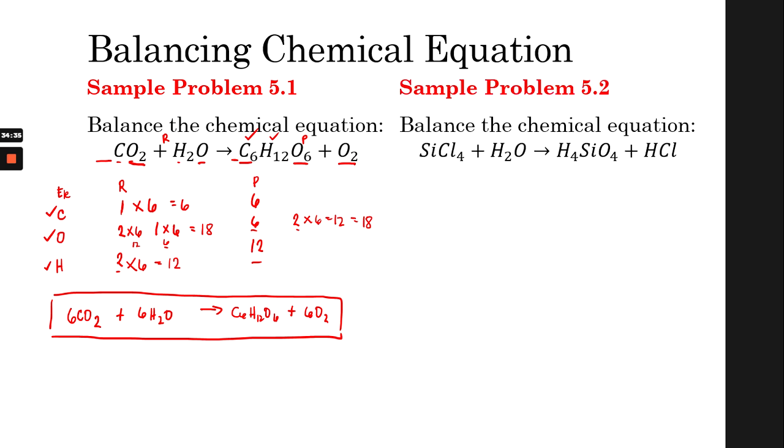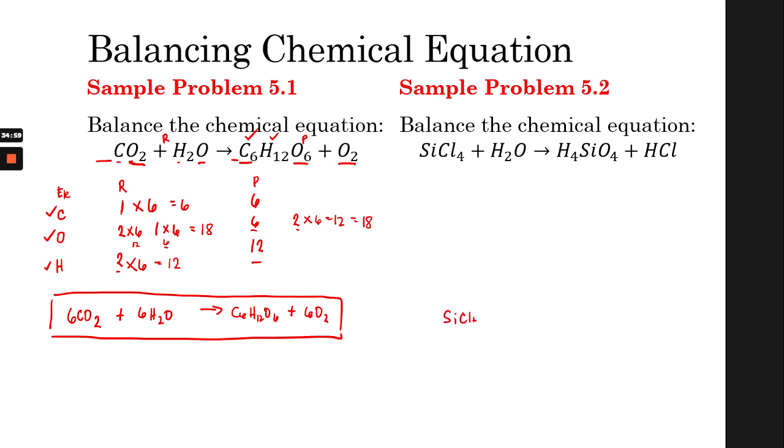So let's try another example. We have silicon chloride plus water creating H4SiO4 plus HCl. So what I meant earlier by logic is, one way to answer this, I'm going to look at my chemical equation.